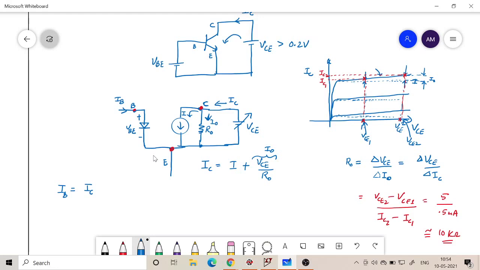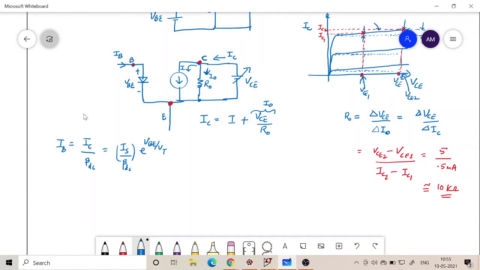If you know the IC expression in the forward active region, okay, this model is valid only in the forward active region, and in the forward active region IB is given by IS by beta DC, which is basically the current gain we derived in one of the earlier classes, e raised to VBE by VT. So it is a similar expression, only there is a division by beta.